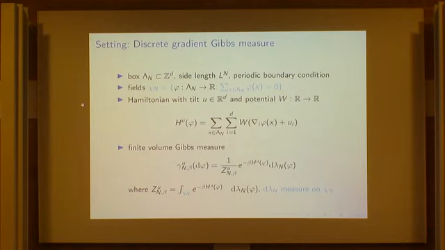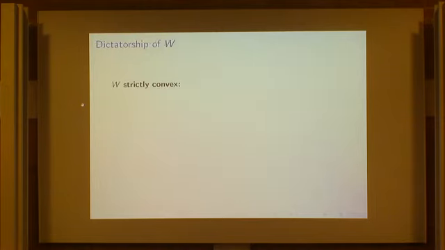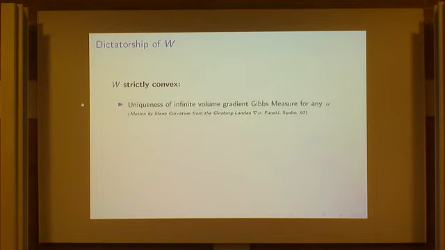This is the setting. And now the knowledge we have about this model is dictated by the choice of the potential W. So if W is strictly convex, then quite a lot is known. There's, for example, this result by Funaki and Spohn from '97.